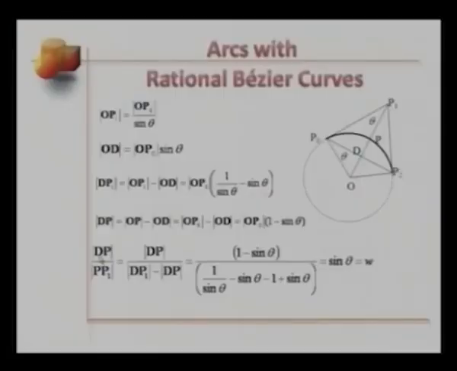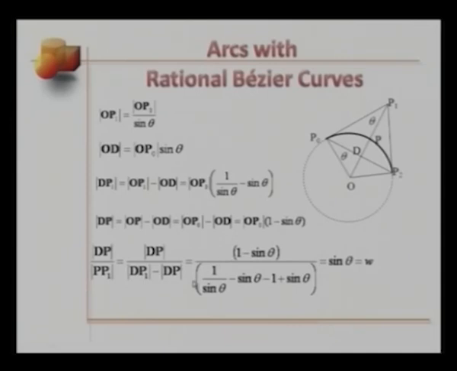The absolute value of dP over dP1 minus dP is given by the radius times 1 minus sine theta over the radius times 1 over sine theta minus 1 plus sine theta.